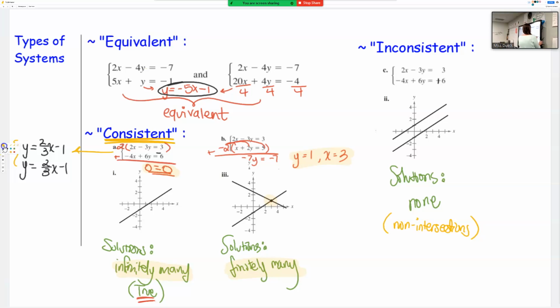And if it is inconsistent, which we saw over here on the graph with none, what would happen when I go ahead and try to solve this guy? Well, I would end up with 4x minus 4x is 0, negative 6y plus 6y is 0, but 6 plus 6 is 12. What's going on with that statement, guys? There is no solution.